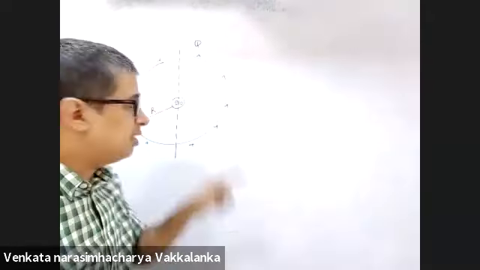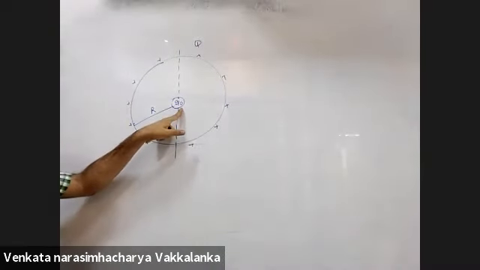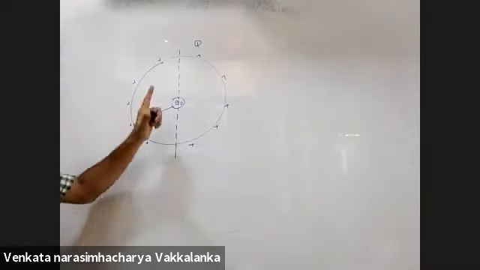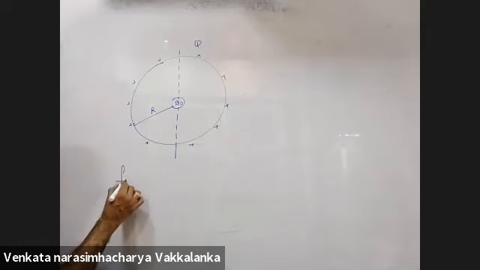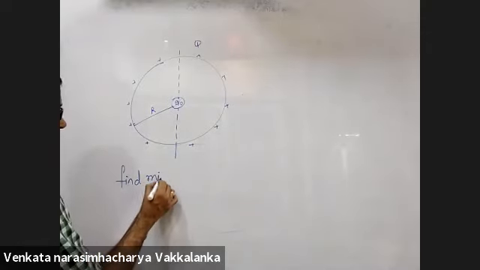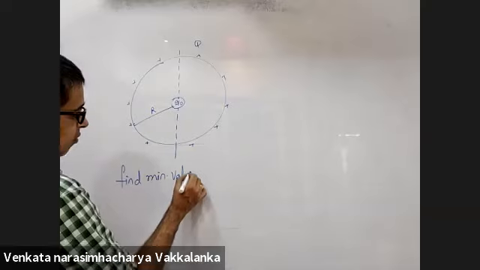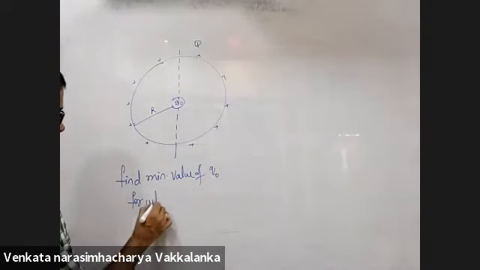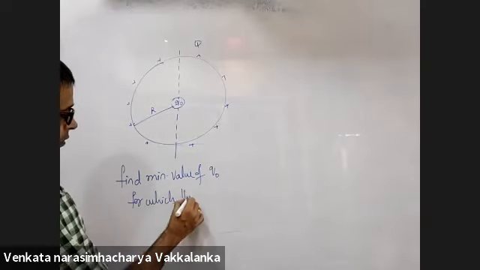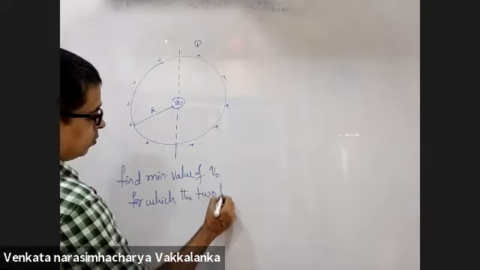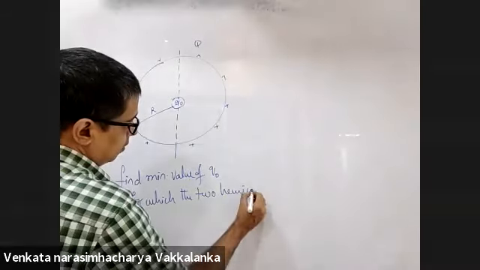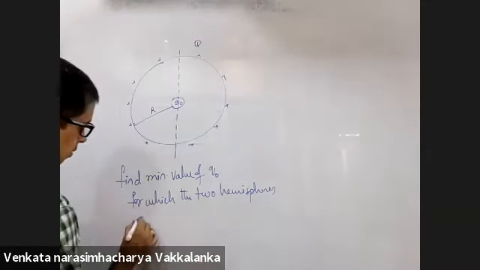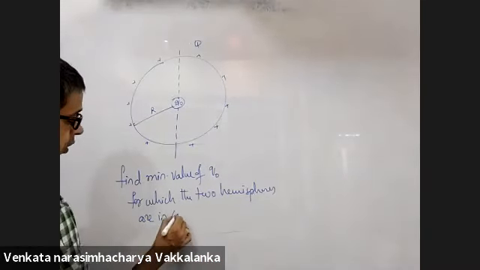Find the minimum value of Q naught for which the two hemispheres are in contact.